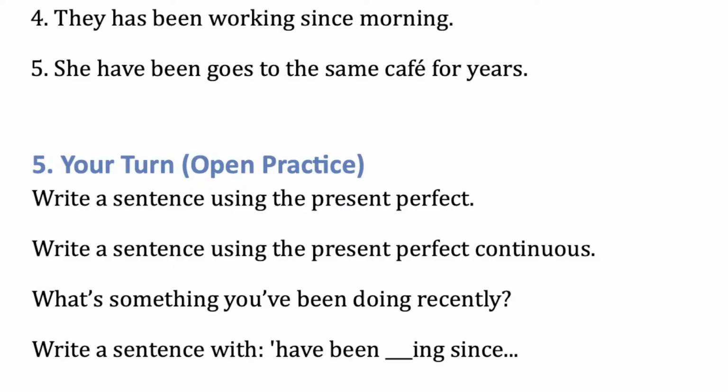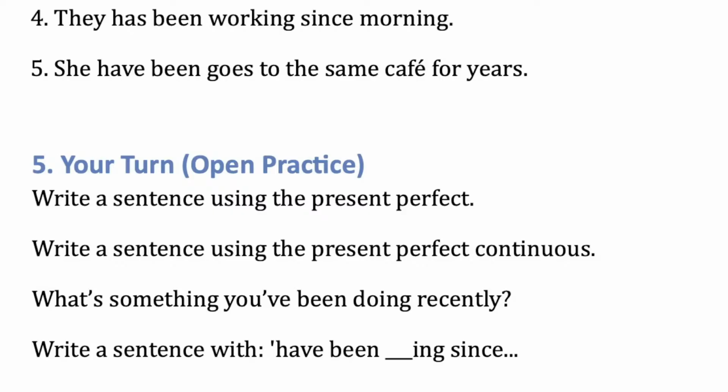Actually, I'm going to put the timer on, 3 minutes. Start writing your sentences. Put them in the chat. Okay, Helga, I have been studying online since 4 a.m. Wow. Good, Helga. Nice sentence, right?